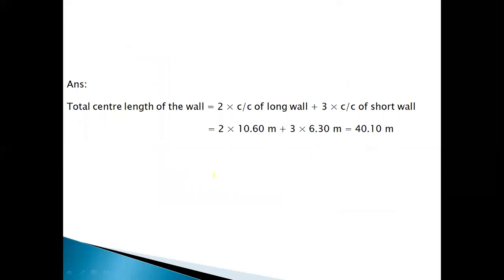So first is the total center length of the wall: 2 long walls, 2 into the center to center length of the long wall, plus 3 short walls, 3 into the center to center length of the short walls.